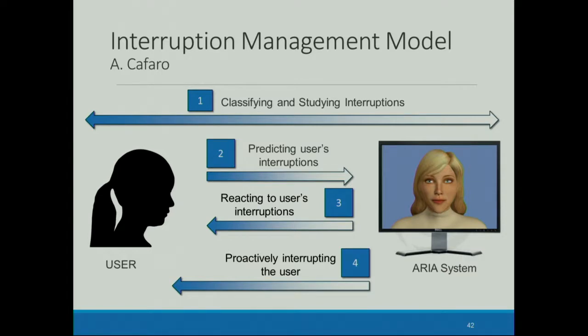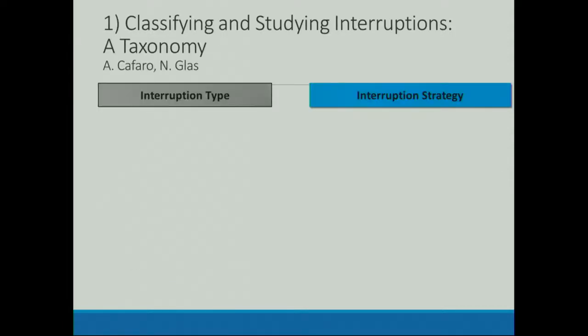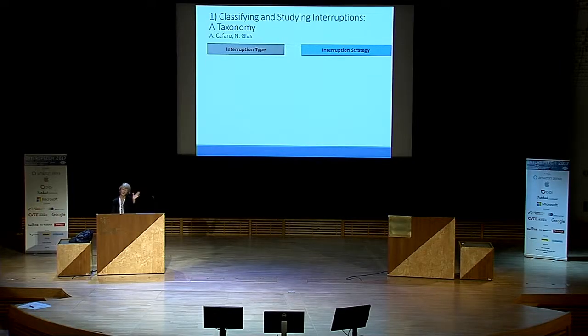So far, we've been focusing on how an agent can behave when users interrupt the agent. Looking at the taxonomy, we found two different types: one built on the type of interruptions, and another on the strategy of the interruptions.